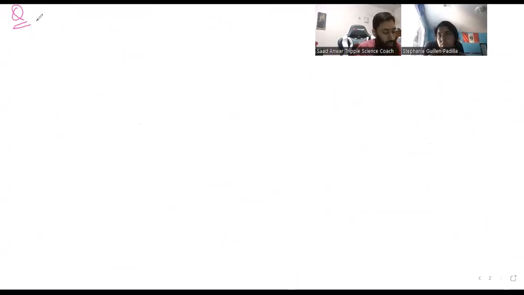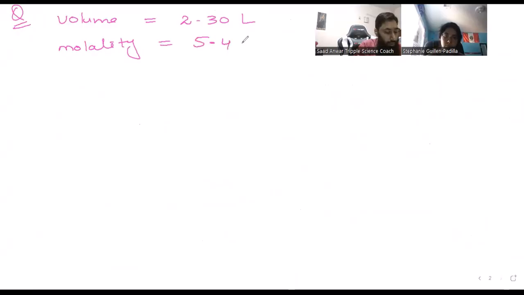So what is the mass of sodium hydroxide in gram present in 2.30 liter? It means the volume given to us is 2.30 liter of 5.4 molal. So the molality given in the question is 5.4 molal.